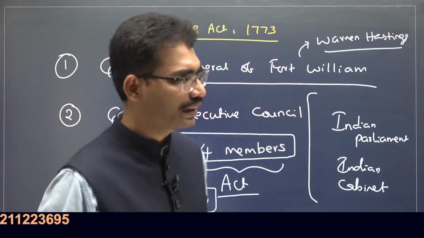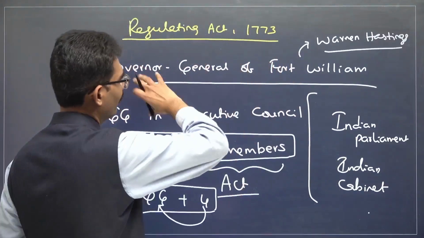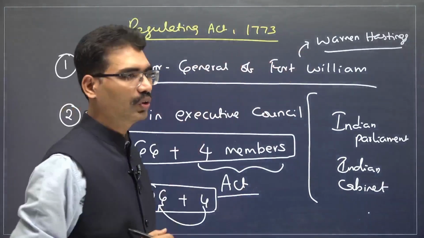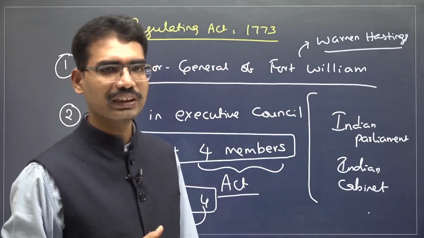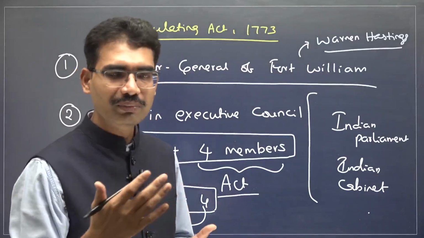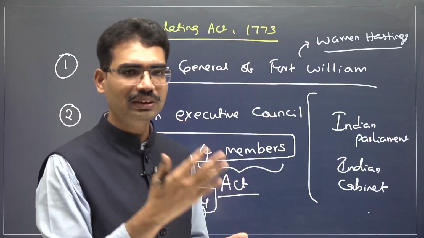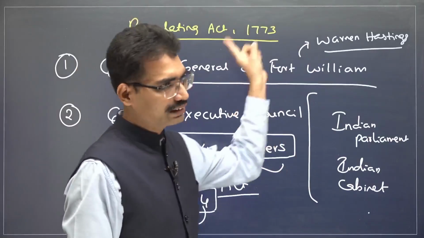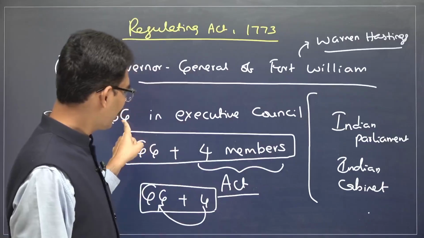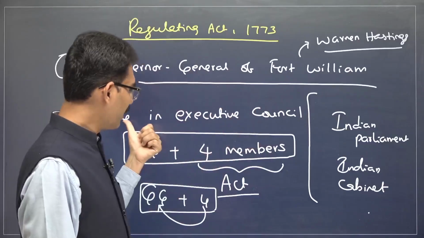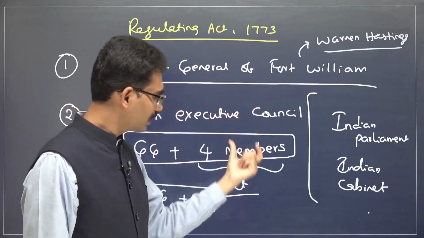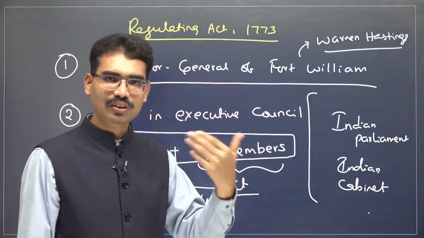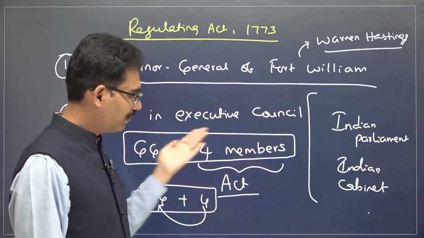But there were no clear-cut details on how the Governor General should play a role in all the East India Company territories in India. How to handle the Madras government and Bombay government, there was no clarity. As a result, they were not listening. There was no clarity over the power of the Governor General, and the powers and limitations of the members were also not clearly mentioned. As a result, they were quarreling.